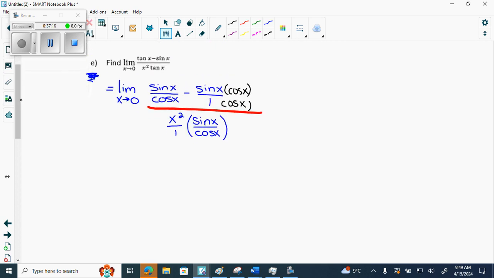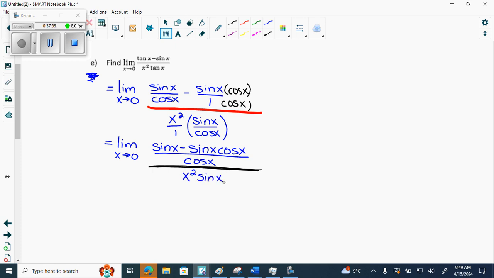Okay. So we have the limit as x approaches 0 of sin x minus sin x cos x all over cos x, divided by x squared sin x over cos x.